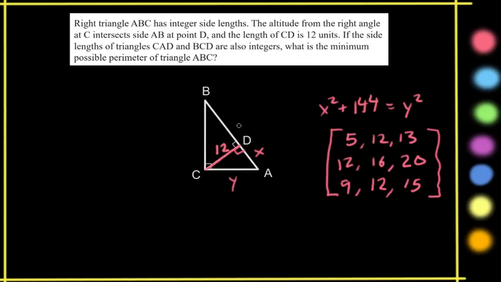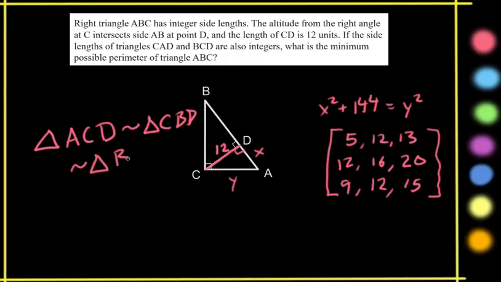So we're getting close. And the last thing to realize here is that this triangle ACD is going to be similar to triangle CBD. And they're also both similar to triangle BCA.